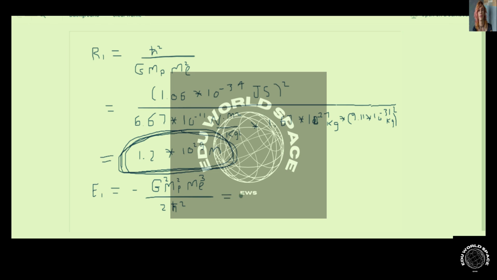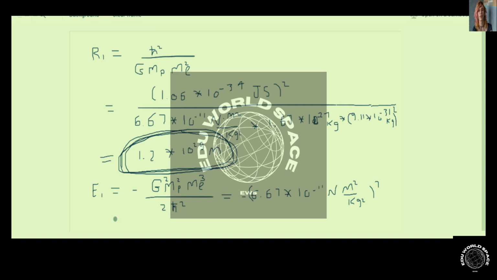And this is equal to what? This will be a long expression here. However, for G, we will have 6.67 times 10 to the negative 11 Newton meter square over kilogram square, all this squared.